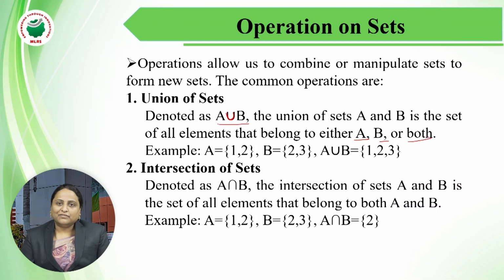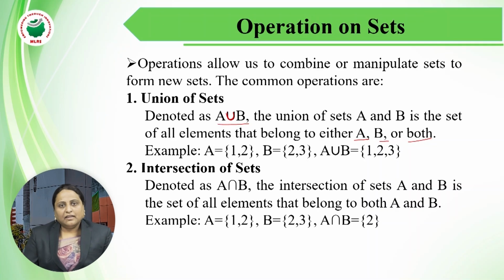Whenever you are performing union between two sets, we consider the elements of A or B or both. So whether the elements are repeated or only present in A or only present in B, we take the complete set of elements present in A or B or both.